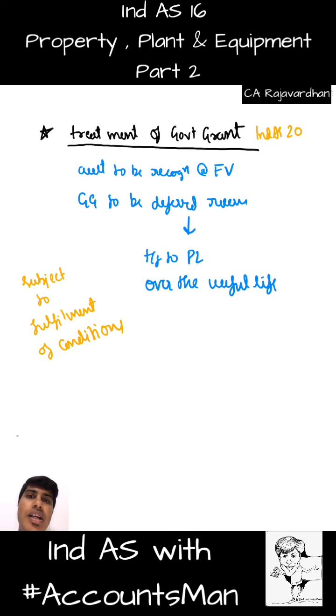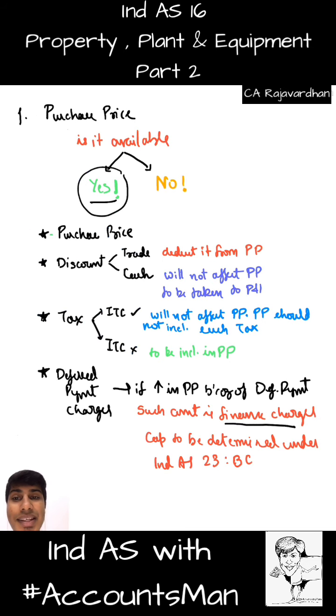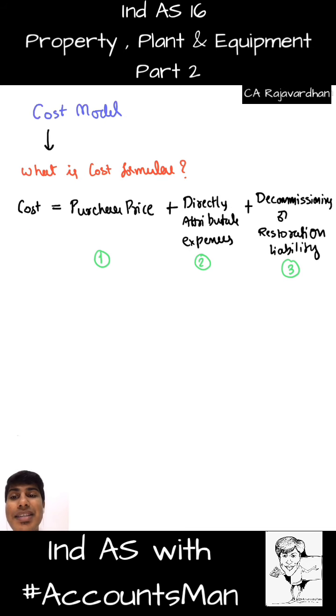So you cannot transfer that grant to P&L in the first 2 years. From the time you start feeling that you will fulfill the conditions, you will start transferring. So it's very important to note the words here: over the remaining useful life of the asset. So this is the entire discussion with regard to our purchase price.